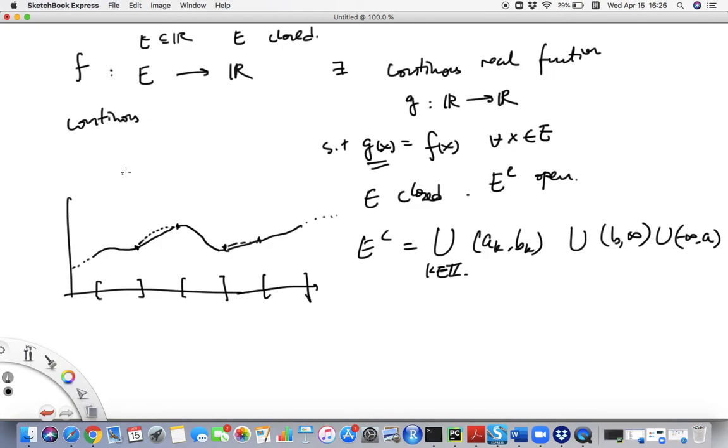Then we can further assume that the function f is defined, in fact by construction, at these endpoints, not plus or minus infinity.